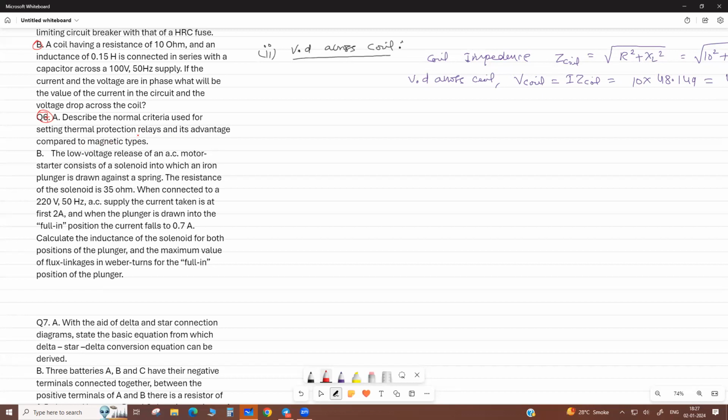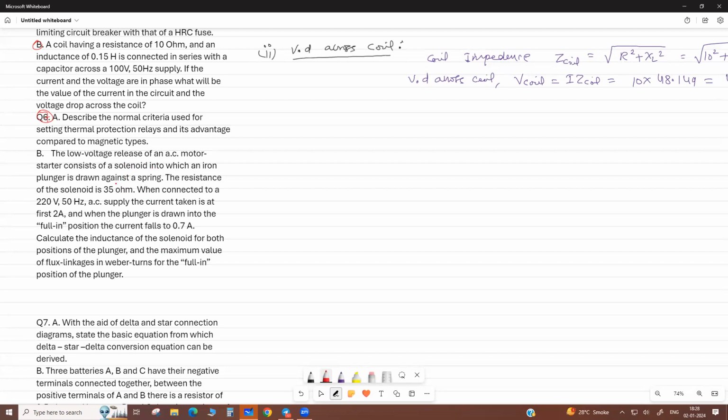So your thermal relay, bimetallic relay, we use for overload protection. We compare with the electromagnetic relay. It is delayed operated. There is a percentage like 20% overload, 25% overload, like that.